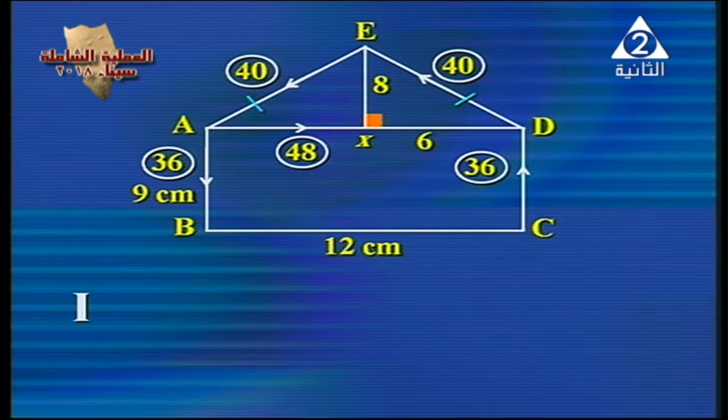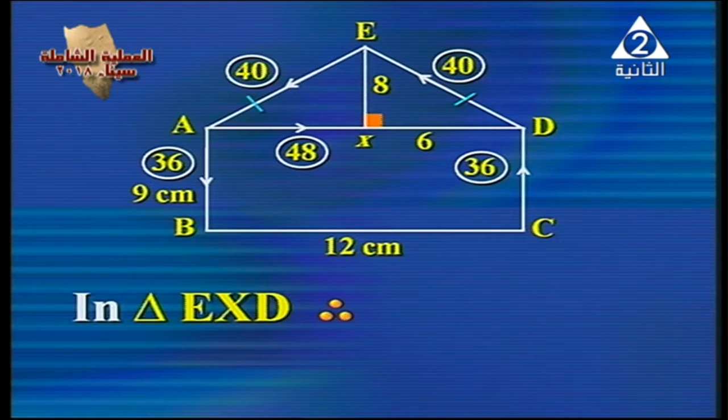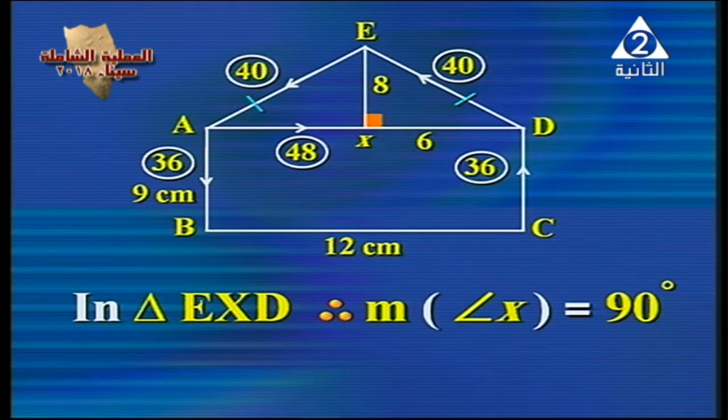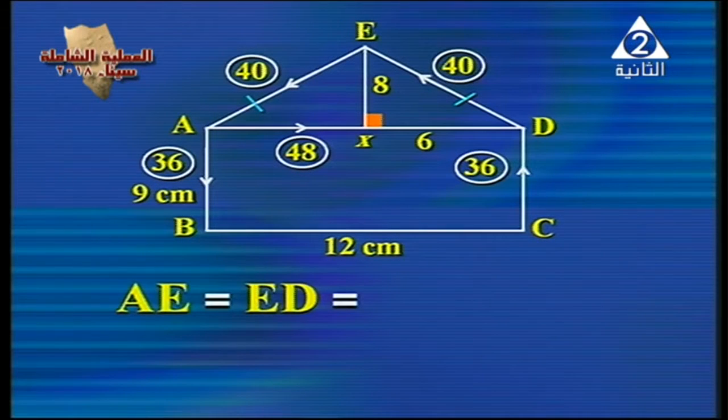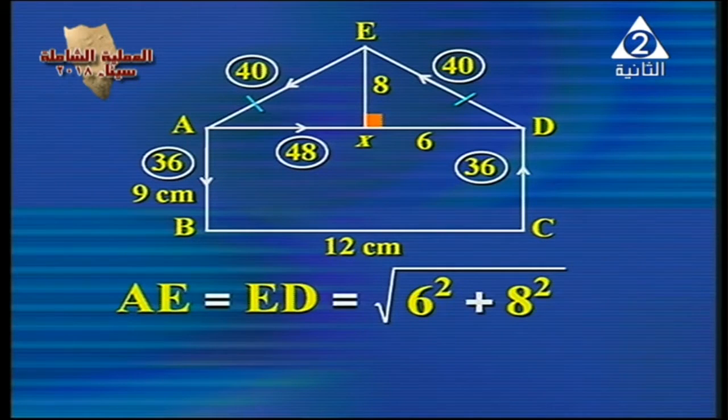Remember, dear student, triangle EAD is isosceles, but EXD is a right angle triangle at X. What is AE?